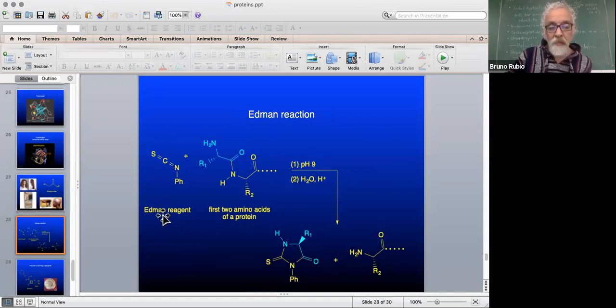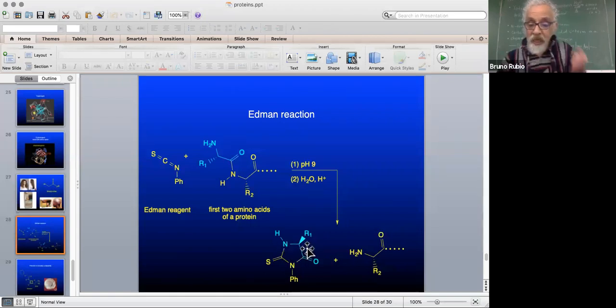So there's the Edman reagent, and here are the first 2 amino acids of a protein. What the Edman reagent does is it bites off the first amino acid, the N-terminal amino acid. I've highlighted the N-terminal amino acid in blue. It reacts with the Edman reagent at pH 9, and then there's a hydrolysis, and the final product is this thing, which has the remnant of the first amino acid in it.